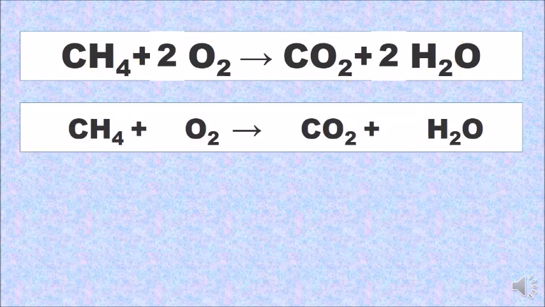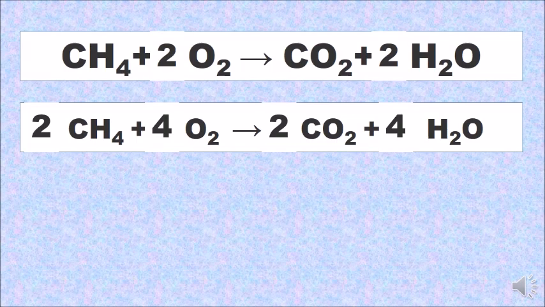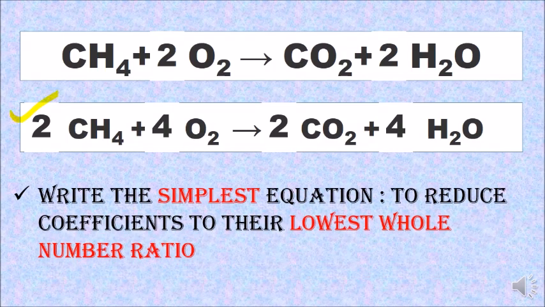Now, listen carefully. If you double all the coefficients of this reaction, you still have a balanced equation, isn't it? However, we need to always write the simplest equation. An equation is not properly balanced if the coefficients are not written in their lowest whole number ratio. So, always make sure that while balancing your chemical equation, the coefficients are reduced to their lowest whole number ratio.